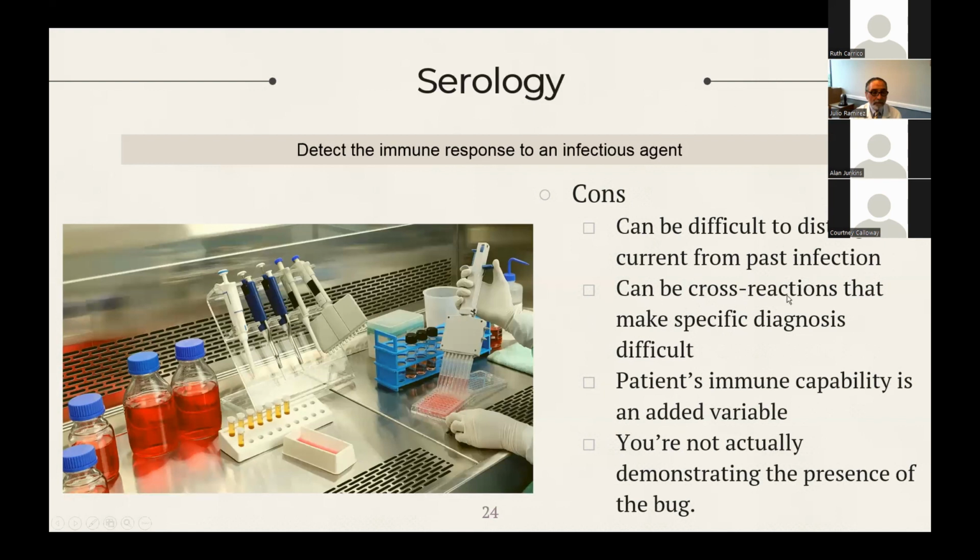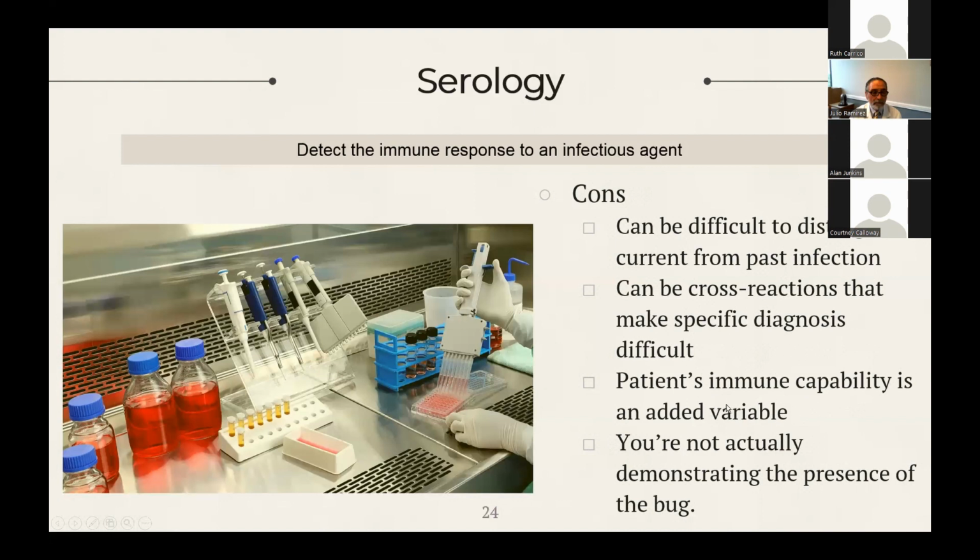In some cases, there are cross reactions that make specific diagnosis difficult. A good example would be the rickettsia, Rocky Mountain spotted fever, and diseases such as that. They all cross react with each other, so it's very difficult to say exactly which one you have. Now you're dependent upon the patient's immune response, so you're taking their immune capability in as another factor.